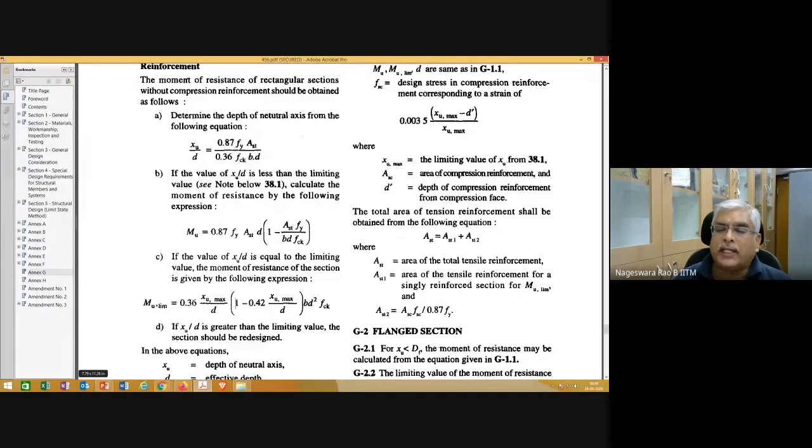So 0.36 FCK XU times B, B is also there here. XU instead, because this is a limiting case, here XU is the same as XU max. So XU max is used instead.